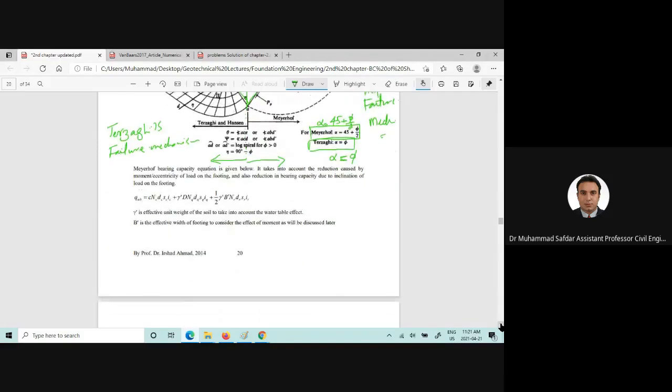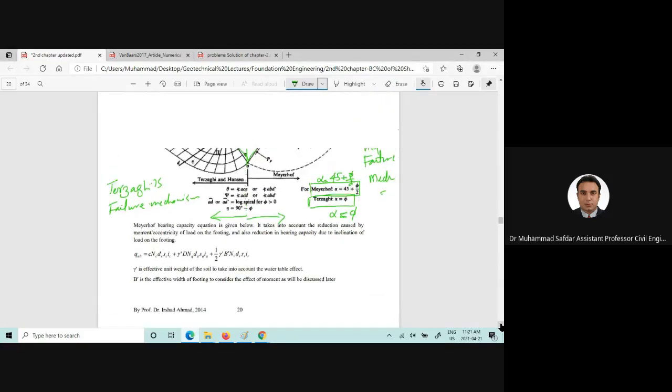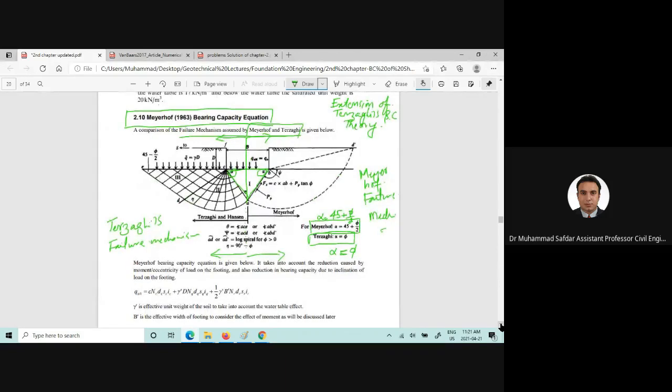Now, the important difference in the Terzaghi and Meyerhof bearing capacity equations is here. For example, this is the slip surface which was proposed by Terzaghi. This is the elastic wedge. This is the radial shear zone, or I would call that Prandtl zone.